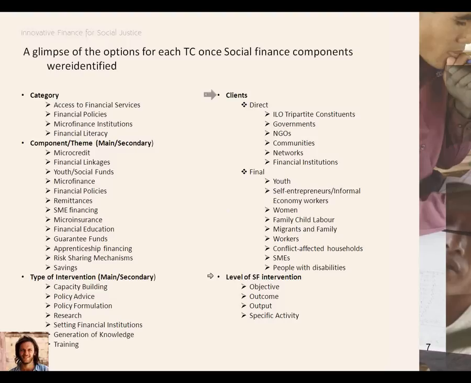This might seem a little bit confusing, so I will give you a clear example so that you can put this in concrete terms. For example, there was a technical cooperation I found in Peru by Enterprise, and it was about the promotion of employment and MSEs for youth employment and management of juvenile labor migration. The category of intervention was financial policies. They wanted to manage labor migration and provide technical assistance to MSEs.